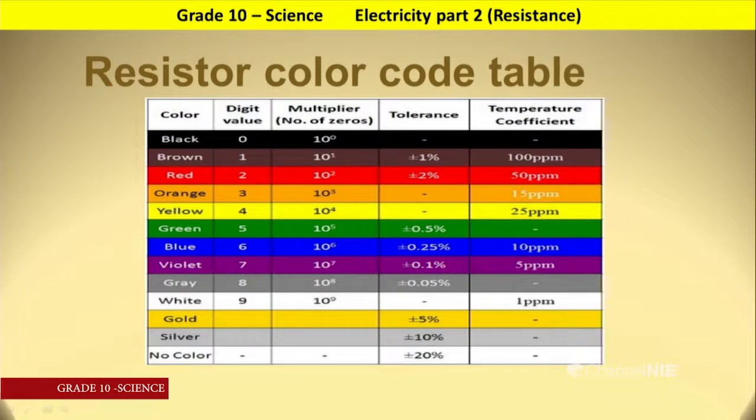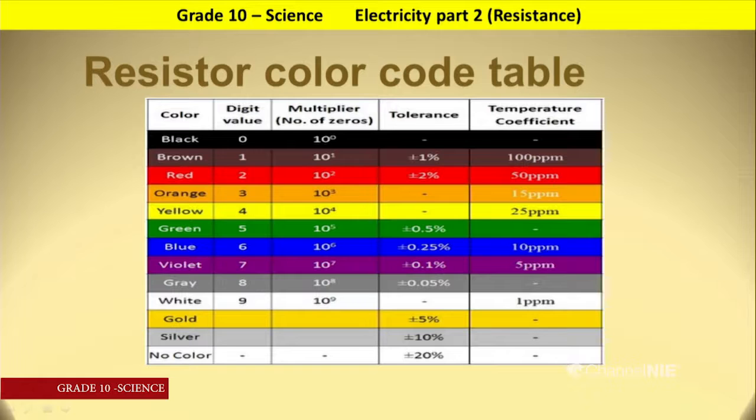But children, you don't need to study these code numbers by heart, and you don't need to remember all these numbers. When this type of question is given to you in your paper, the color code numbers are given to you.